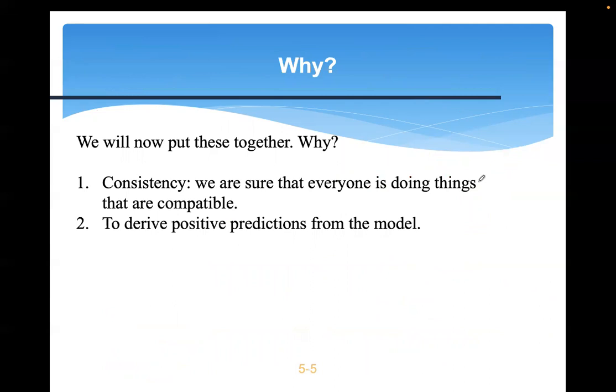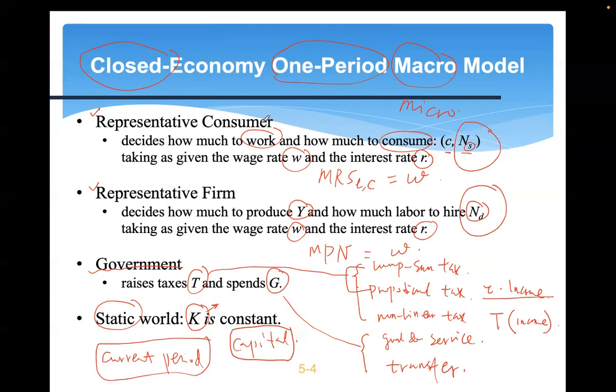So next we are going to put them together. But the question is why we want to put them together. When I say put them together, in the previous chapter, we looked at this and this separately, in an isolated way.